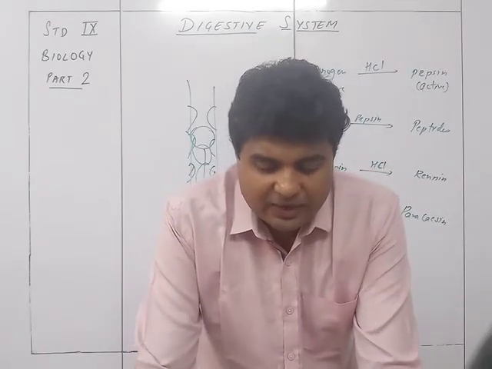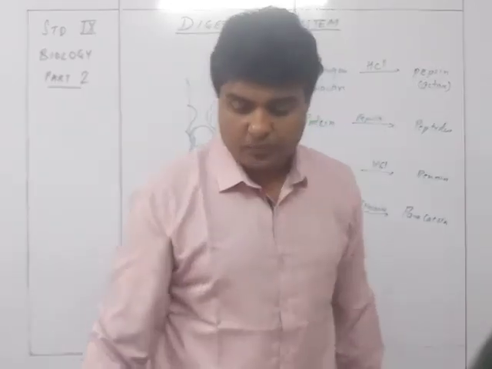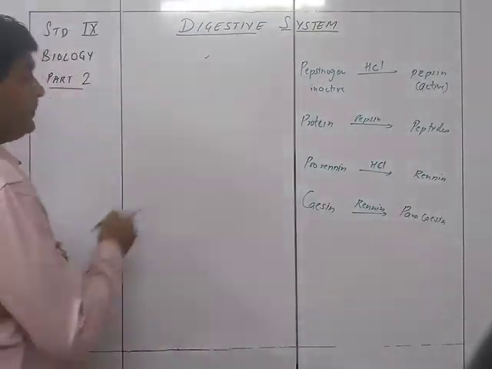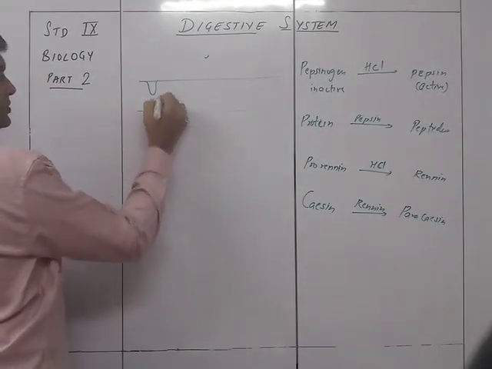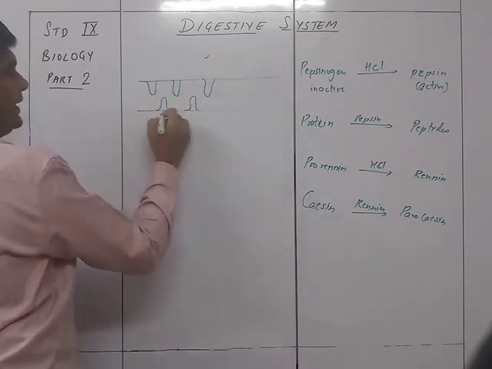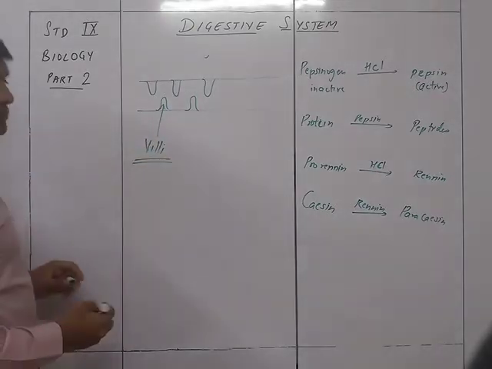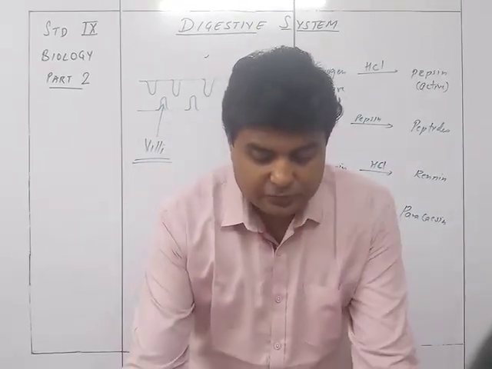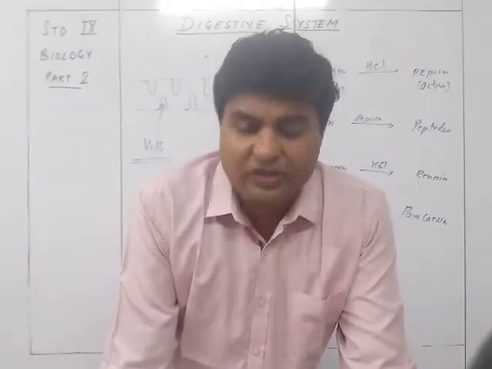The inner lining of the ileum is made into a great number of tiny finger-like projections called villi. If this is the wall of the ileum, there will be finger-like projections inside the ileum, and these are called villi, or singularly villus.